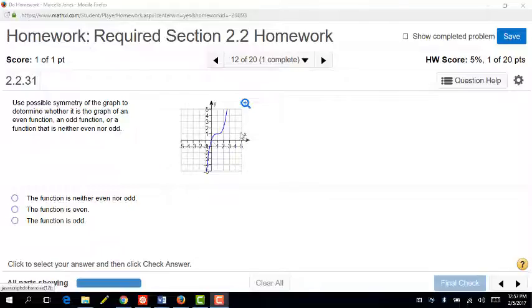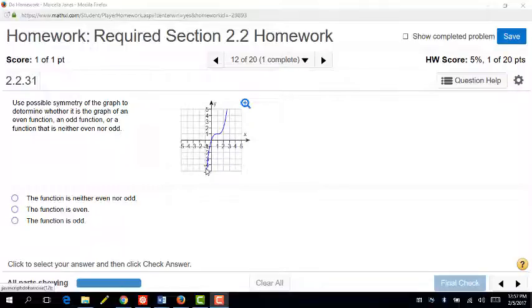So notice, just looking at what you see in quadrant 1, you don't see the mirror image of that in quadrant 2. So what you see on the right side of the y-axis is not reflected on the left side of the y-axis. When you look at the portion that's in quadrant 3, you don't see that either.